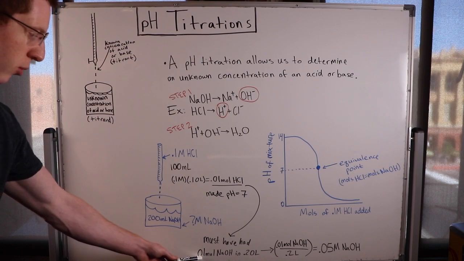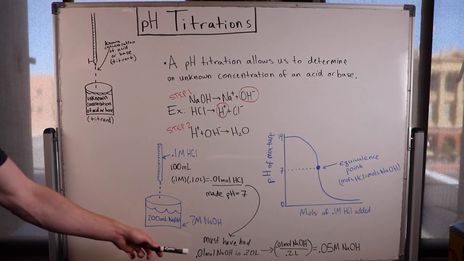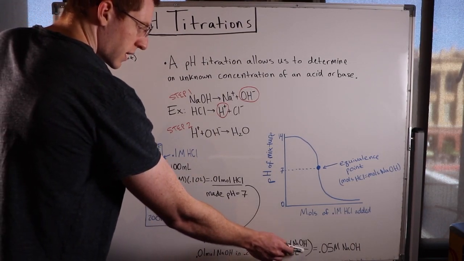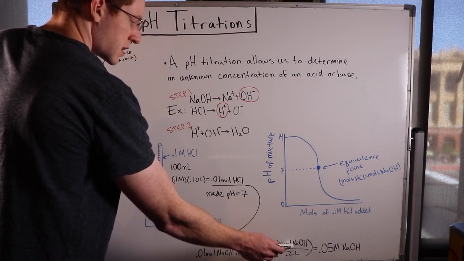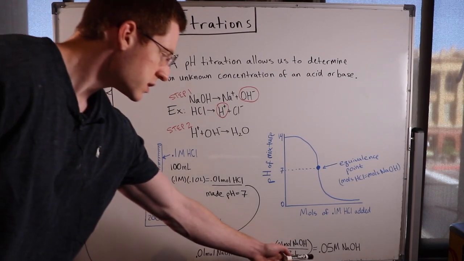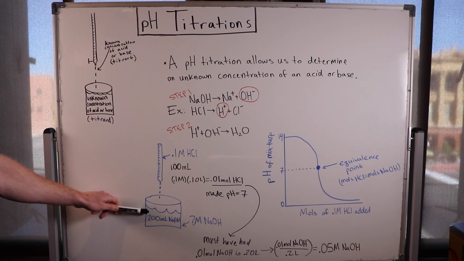So since we know there were 0.01 moles of NaOH in those 200 milliliters or 0.2 liters, we can say that 0.01 moles of NaOH must have been in those 0.2 liters, and this is the definition of molarity, moles per liter. So we know that this solution must have been 0.05 molar NaOH.